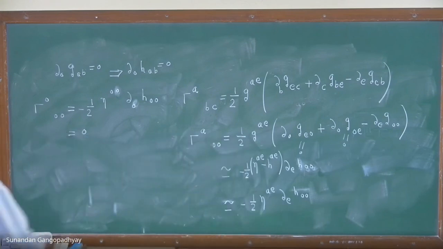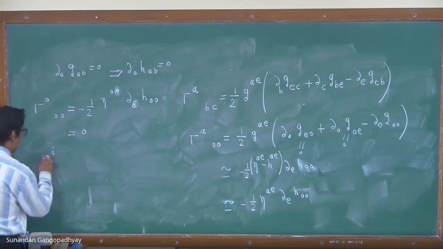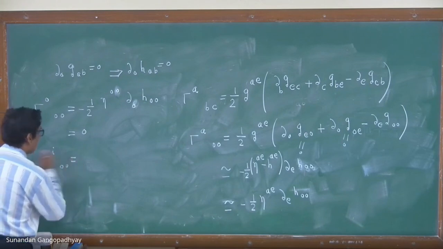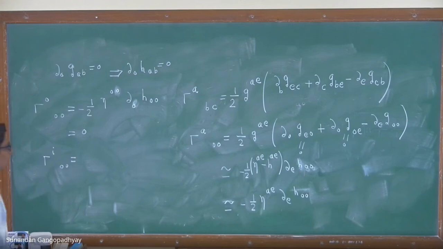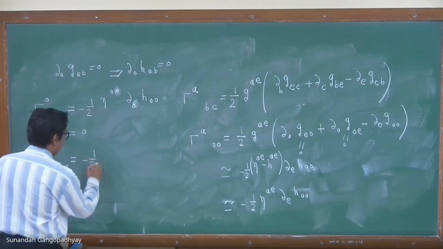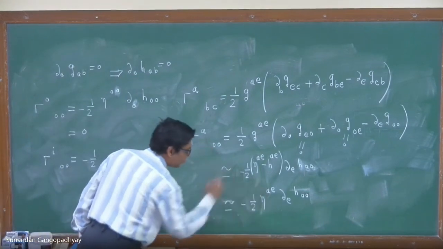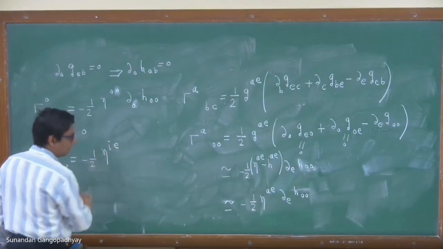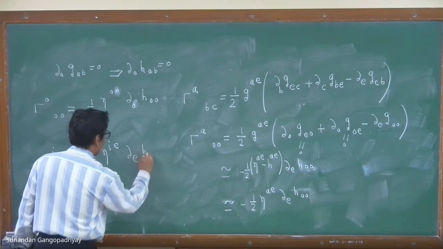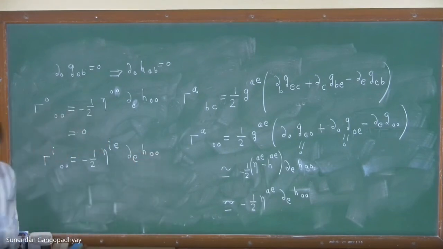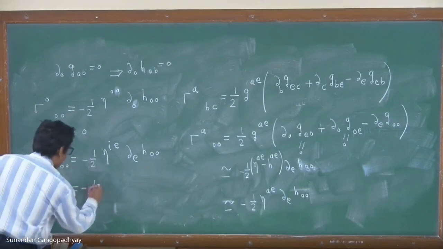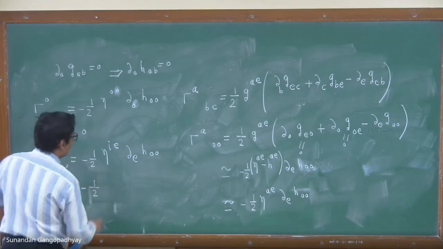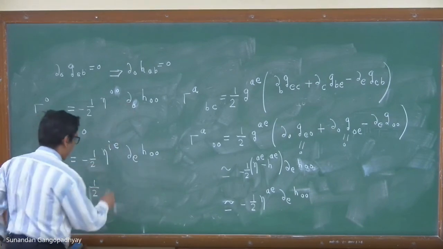Let us calculate what gamma I 00 is. This is nothing but, with A as the free index, you put A equal to I: eta I E del E H00.